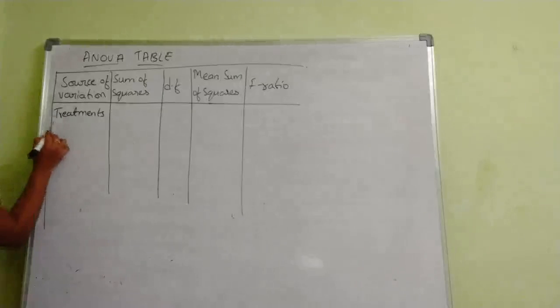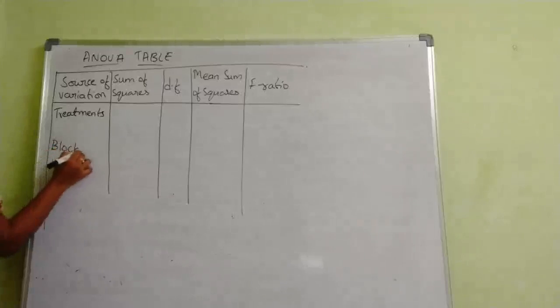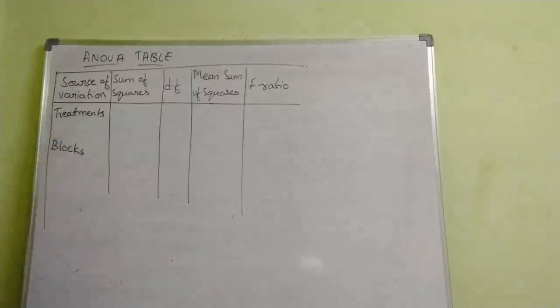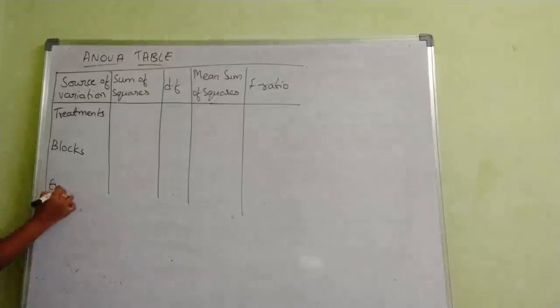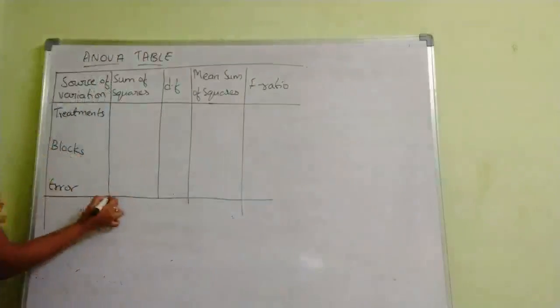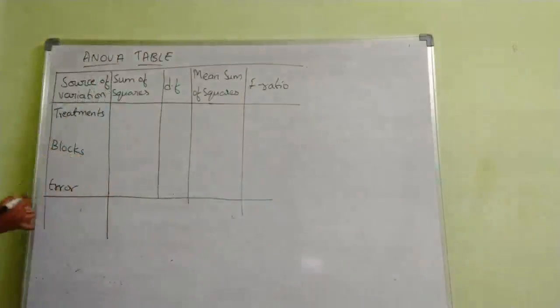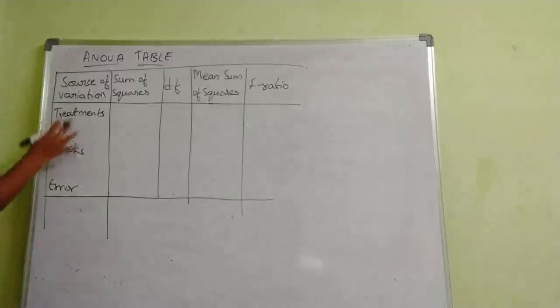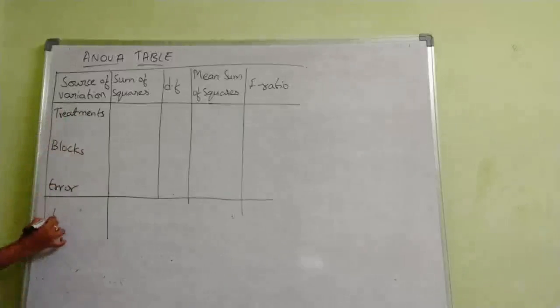And next blocks. So if anything is specified like fertilizers and all, you write that value here also. Next error. So there will be 3 types of variations, that is treatments, blocks and errors. The variation will be because of these 3 factors. And next total.